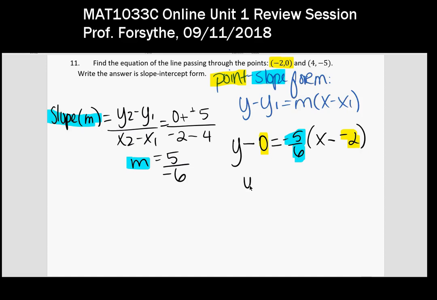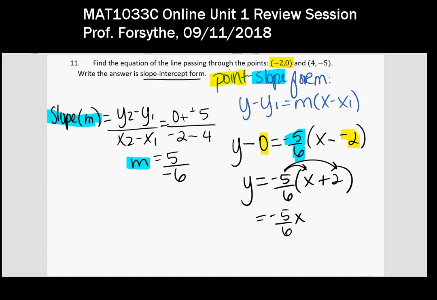So y minus 0 is just y equals -5/6 times x plus 2. Now we want it in slope-intercept form, so we have to distribute this -5/6. So we have -5/6x, and then -5 times 2, which is -10/6.